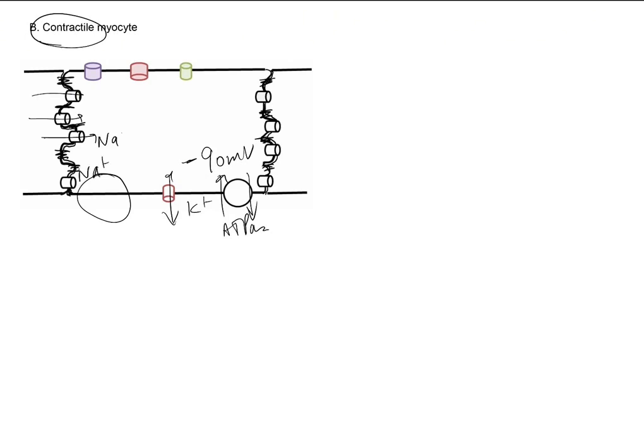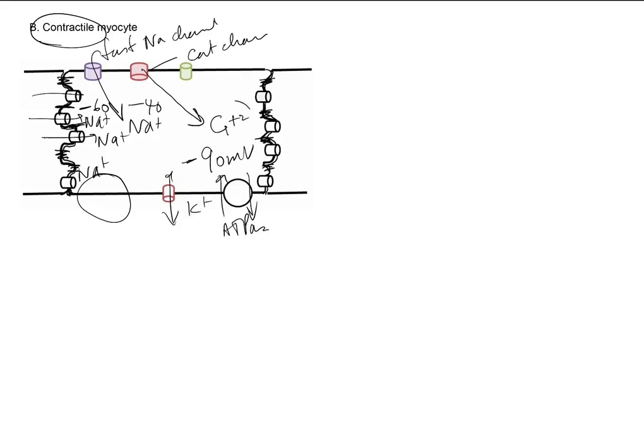All that influx of sodium creates the signal. And when that signal hits minus 60, that's now going to open my fast sodium channel. And when the changes from all that influx of sodium now gets to minus 40, that's now going to activate my voltage-gated calcium channel. In comes the calcium, and now I've created my calcium signal for contraction.